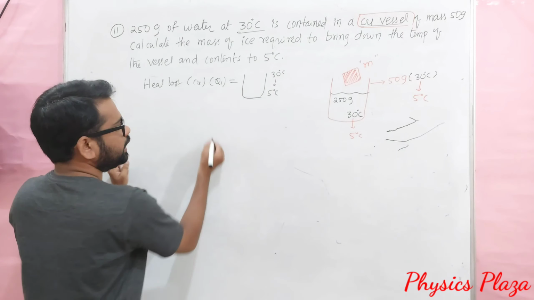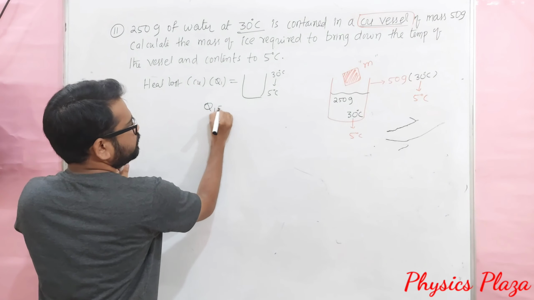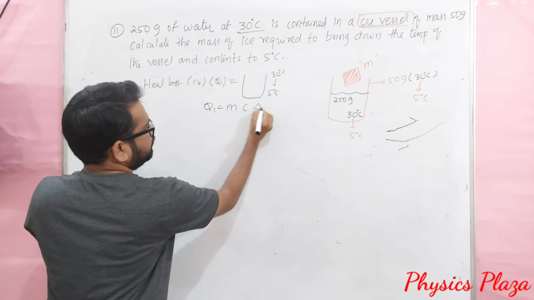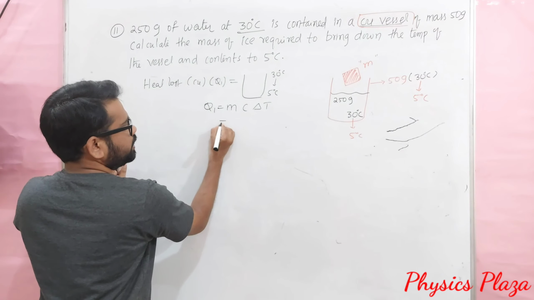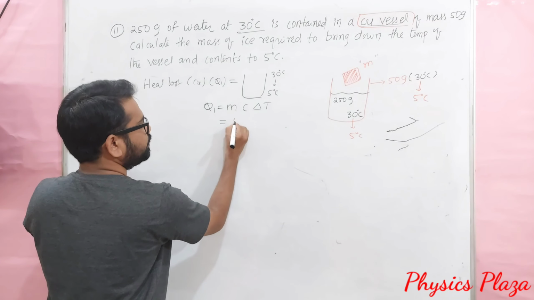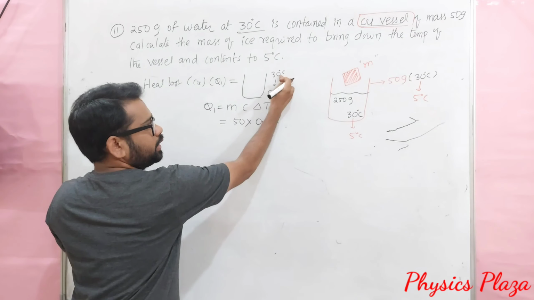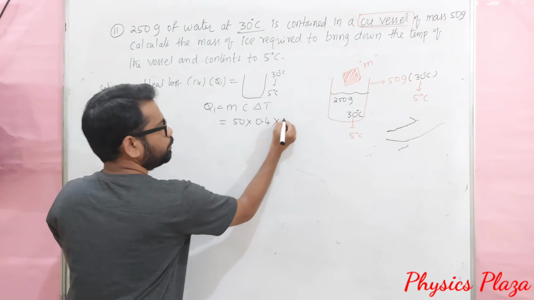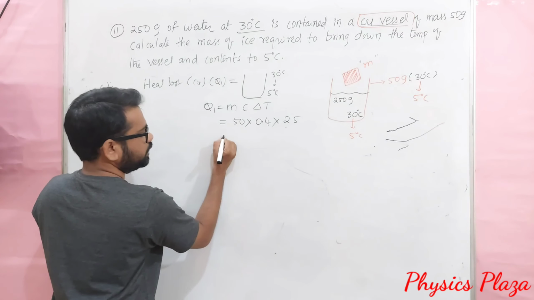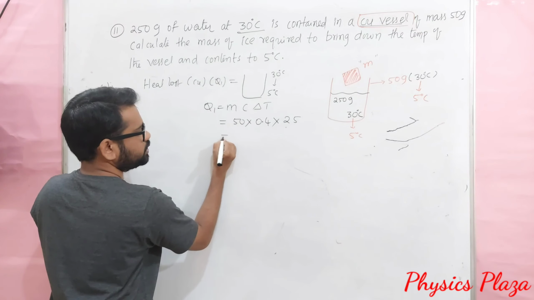Q is equal to mc delta T. So here Q1 is equal to mc delta T. Children, the mass of the copper vessel is given as 50 grams, and the specific heat capacity of copper is given as 0.4. And the temperature difference is 30 minus 5, so it will be 25. So children, you will get 500 joule as the heat loss by the copper vessel.